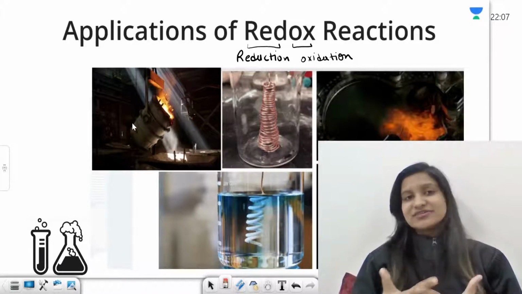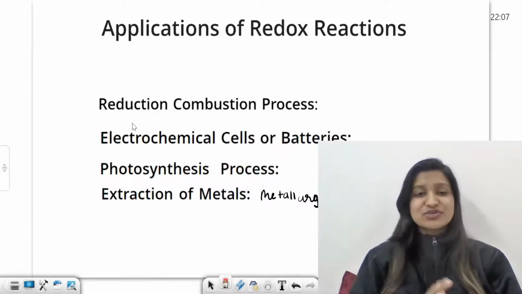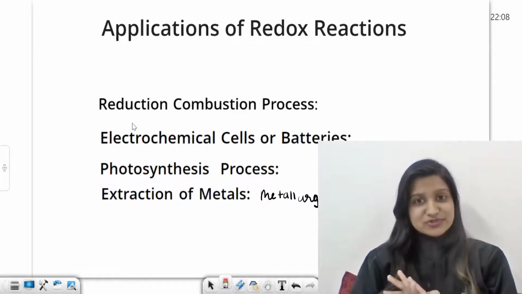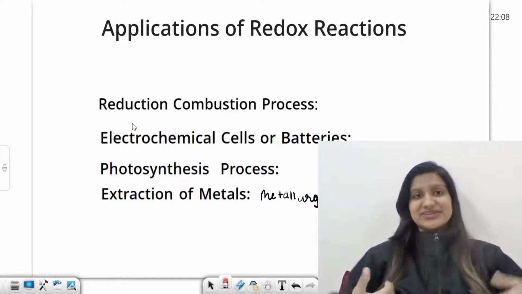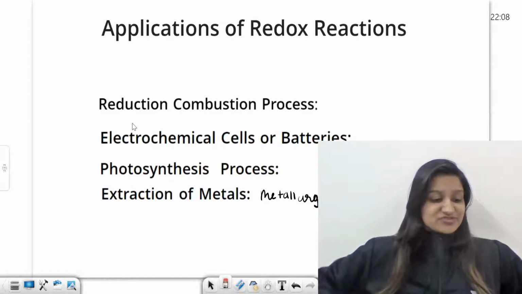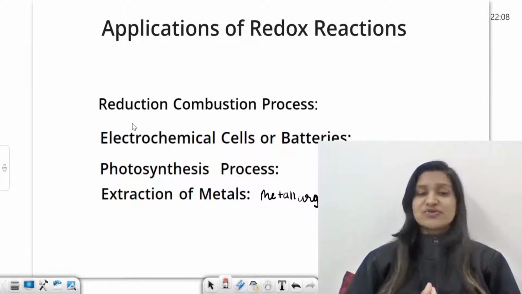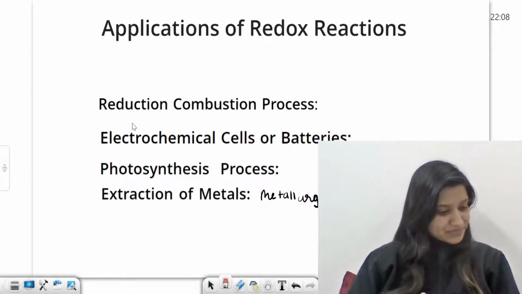Redox reaction is present everywhere, in electrochemical cells, batteries, photosynthesis, and even the process of aging happening inside our body is a kind of redox reaction.